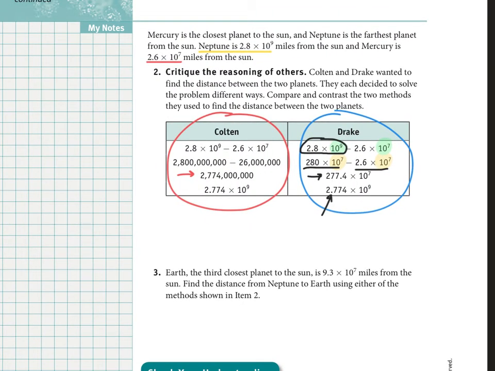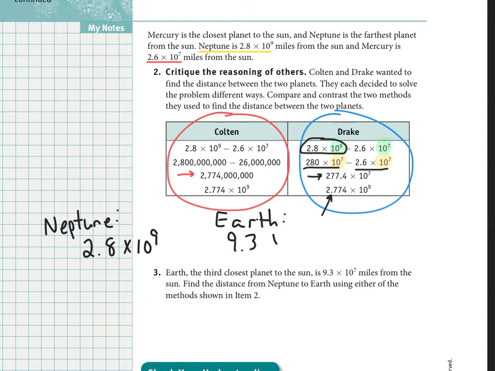Number 3 here: Earth is the third closest planet to the sun. It's 9.3 times 10 to the 7 miles from the sun. Let's find the distance from Neptune to Earth. I'm just going to do some work over here. Neptune's distance to the sun was given above as 2.8 times 10 to the ninth, and Earth's distance to the sun, they just gave us in this problem, was 9.3 times 10 to the seventh.